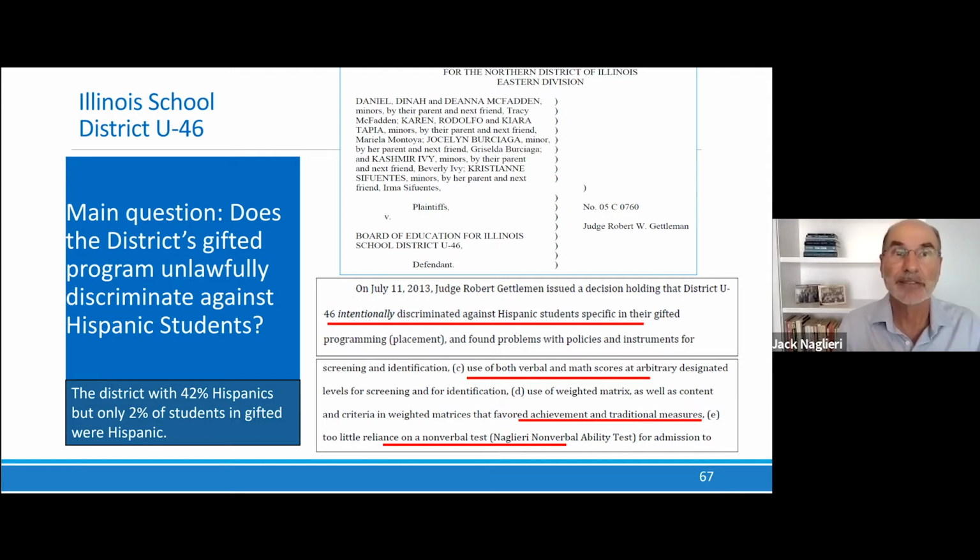Obviously something's wrong, right? Well, to make a long story short, the judge ruled that the district intentionally discriminated, violated the Hispanic children's civil rights, because they required everyone to have high verbal and math scores in order to get into gifted. Even though they gave my Naglieri Nonverbal, and even if they had a really high score on my nonverbal, the district still wouldn't let them in.